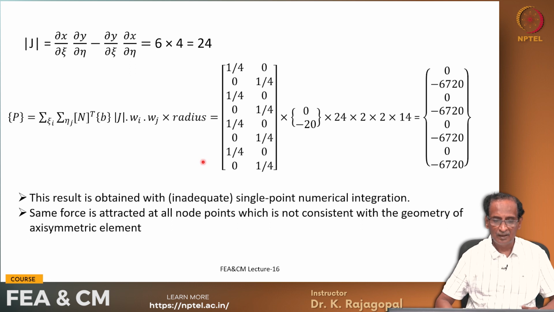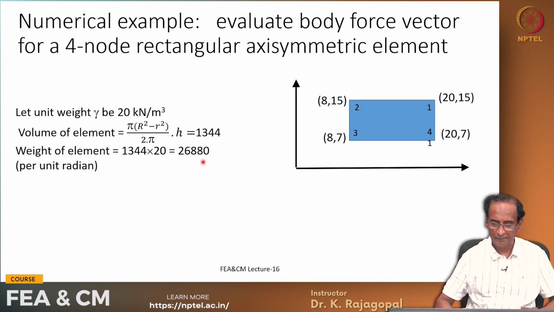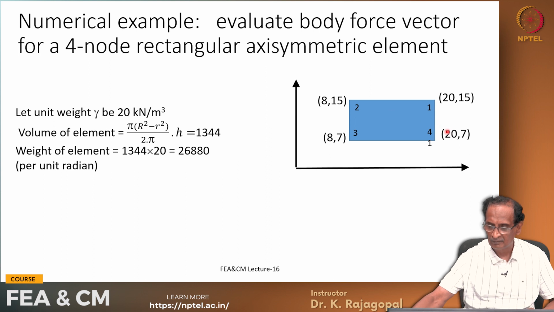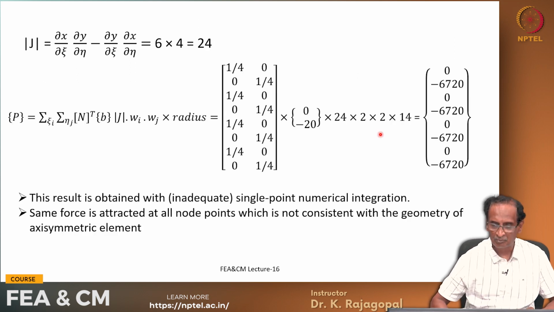If you use a one point integration for the axisymmetric problem, our radius at xi and eta of 0, that is at the center point, will be the average radius. 20 plus 8 is 28, by 2 is 14, right?